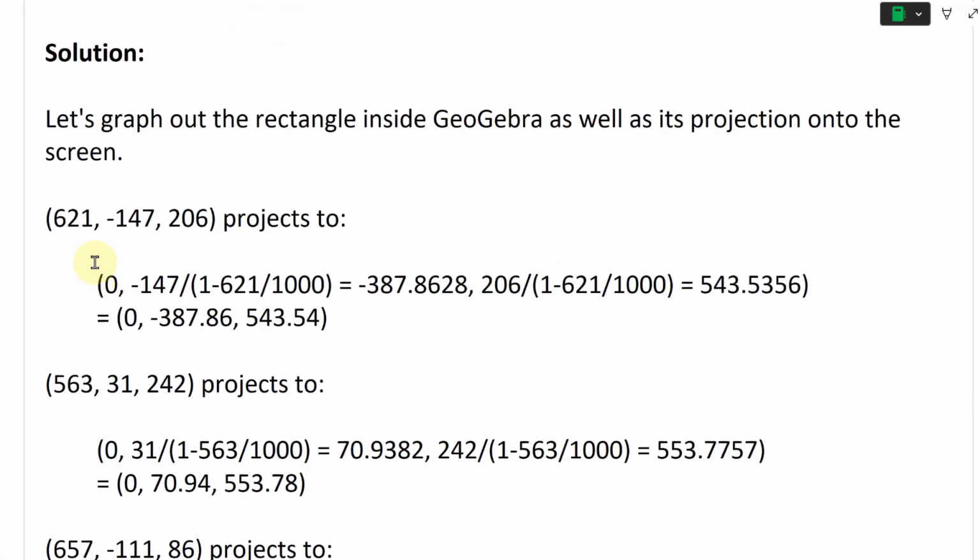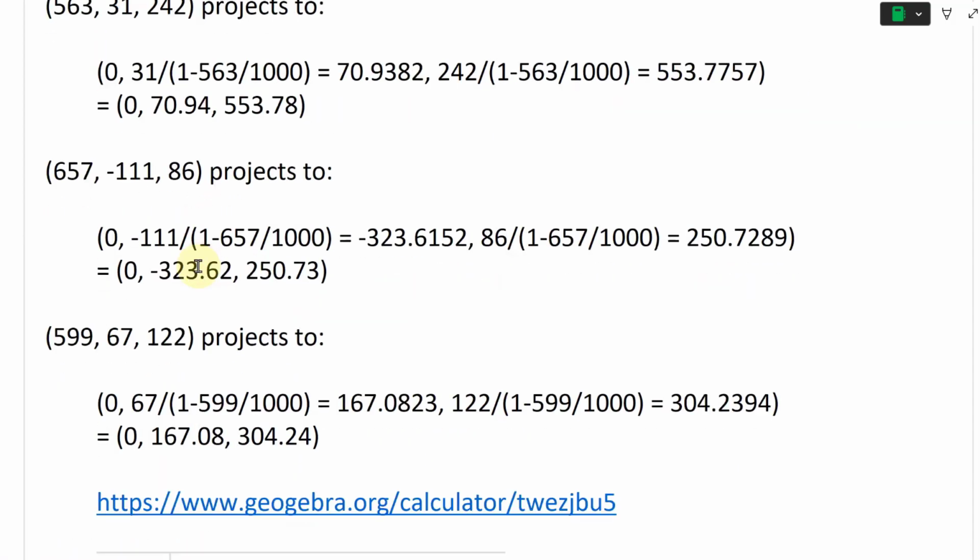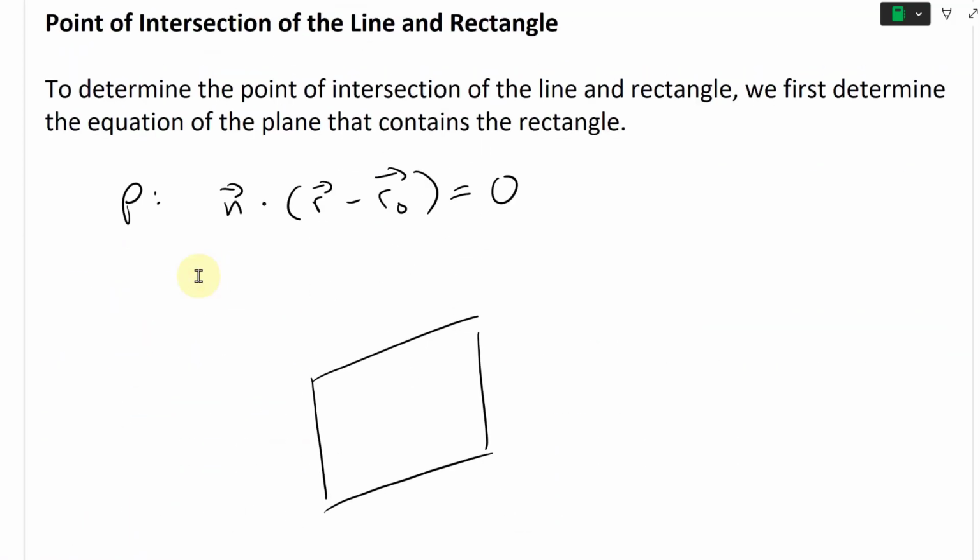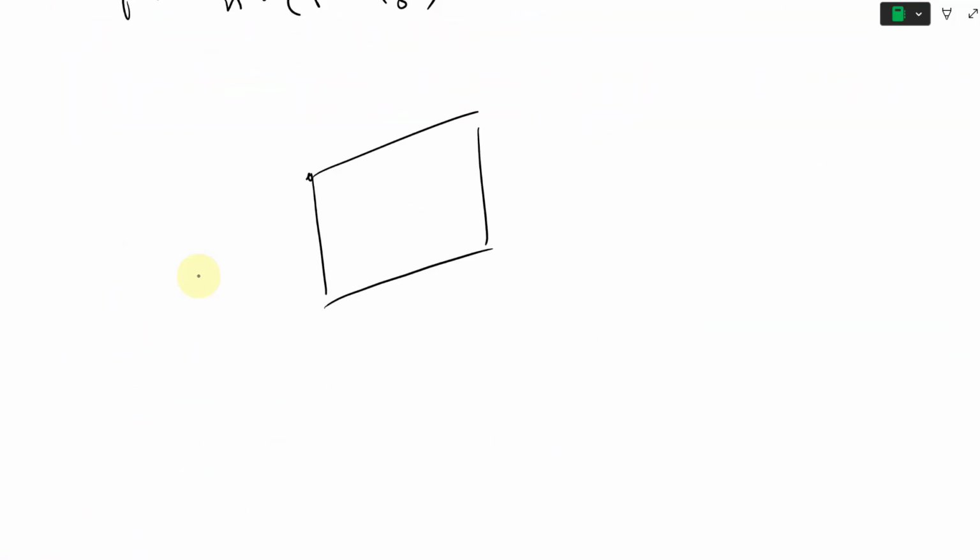Let's take the first 3. So we'll take these ones, 621, negative 147, 206, and write that down here. In fact, this is actually the right location, but it doesn't matter which location because it's all on the same plane. So negative 147 and 206.